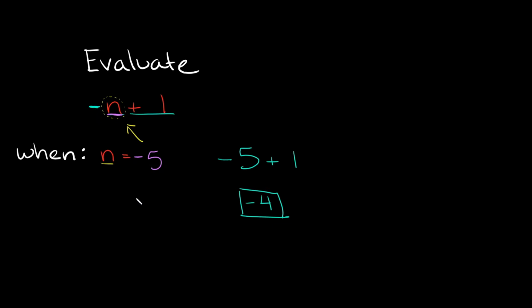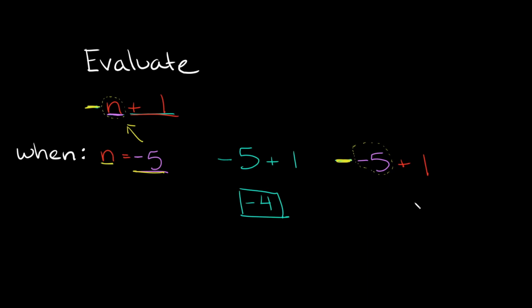So when we rewrite this, we're going to have this negative out here in front, and now we're going to substitute this negative 5 in for n. Okay, so negative negative 5, and then again, we still have this plus 1 right here. So remember, n is negative 5, but we still have this negative sign out here in front.